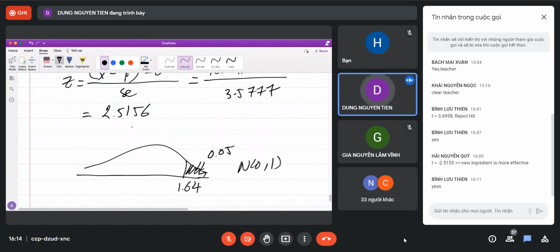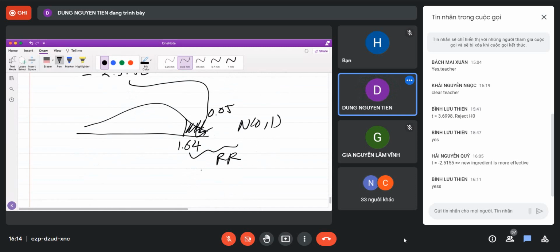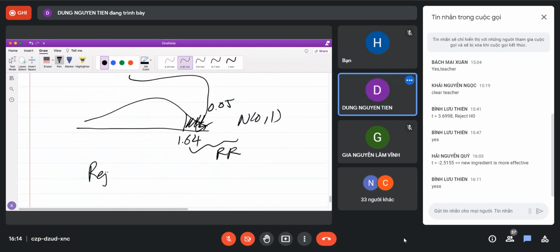And the z value is 2.5, which is greater than that. It belongs to the rejection region. Okay, is there a question so far? So we can reject the null hypothesis. That's all clear.